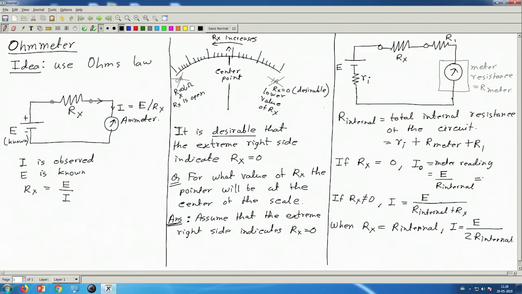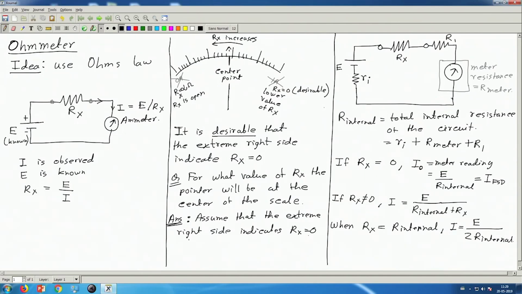So, this is the current I0 for Rx equal to 0, and this is also the same as IFSD of the meter, the full scale current of this meter. Why? Because we have assumed that Rx equal to 0 corresponds to the extreme right position of the pointer.